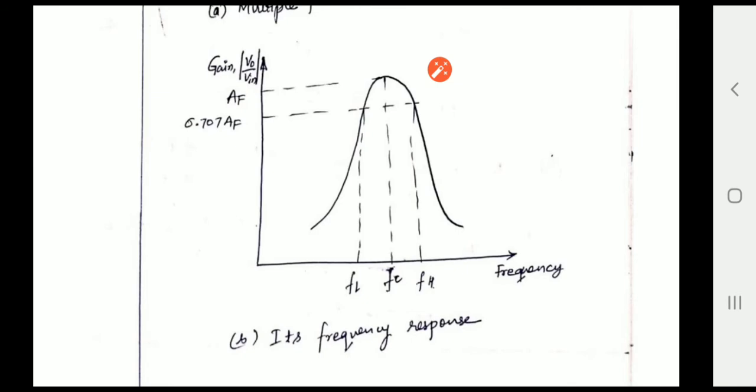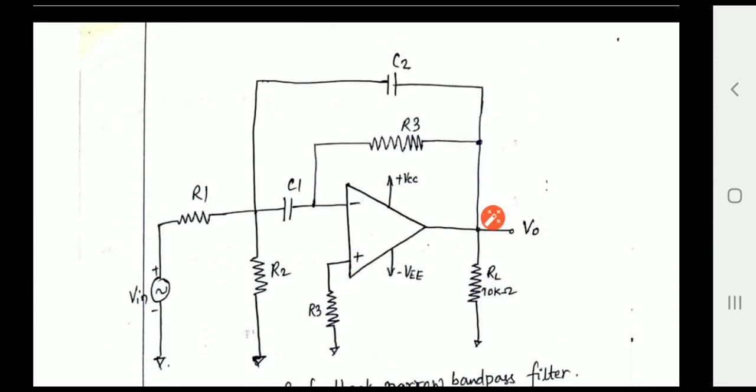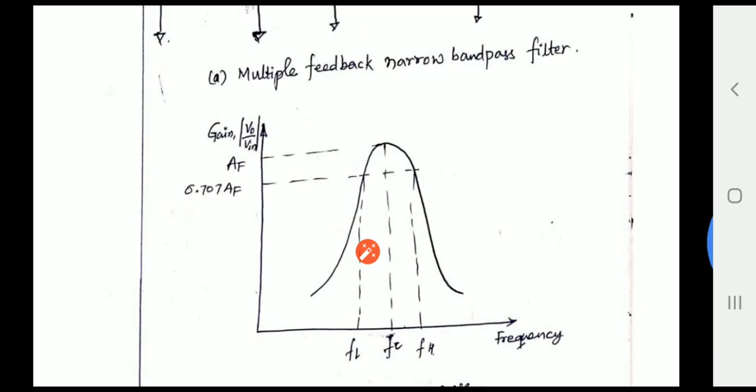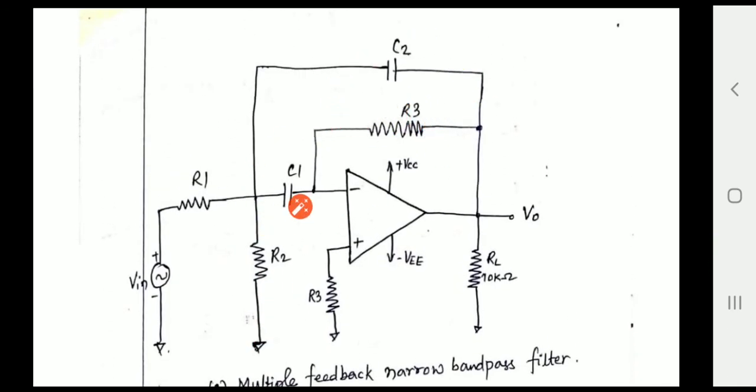Once the input frequency reaches FL, this circuit acts as a high pass filter and allows only those frequency components at the output. Before that, it eliminates all the frequency components because of the two capacitors C1 and C2.